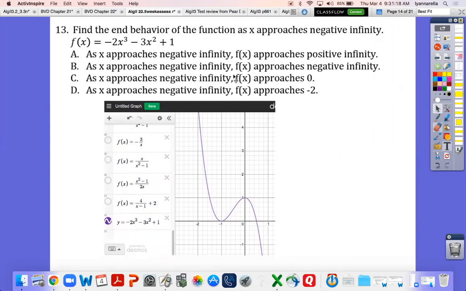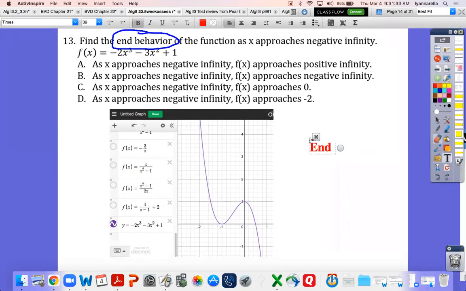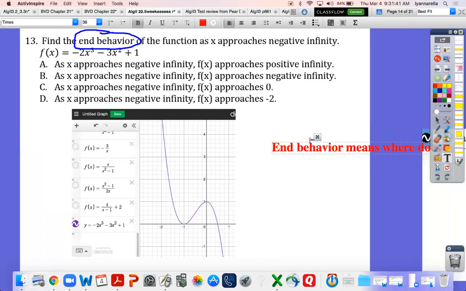So end behavior, and this is one I want to draw to your attention. End behavior means y values. What are the y values doing? End behavior means where does y go?